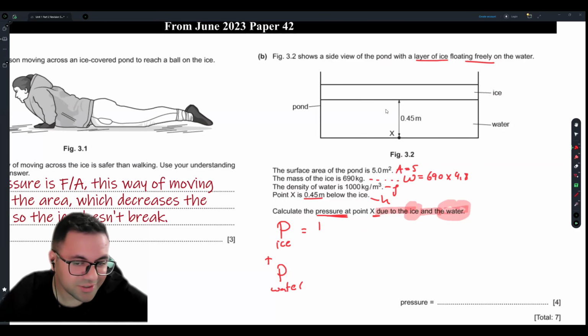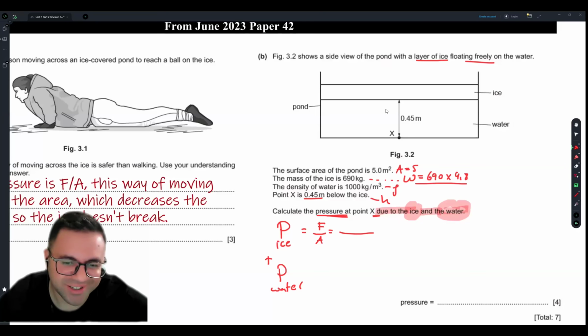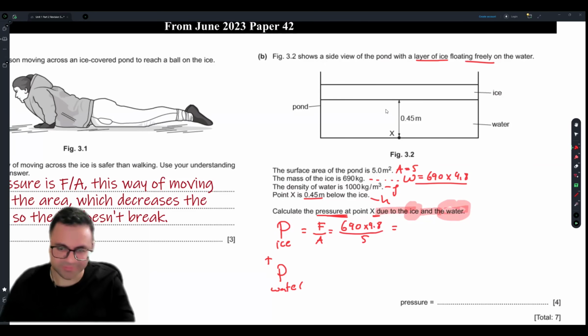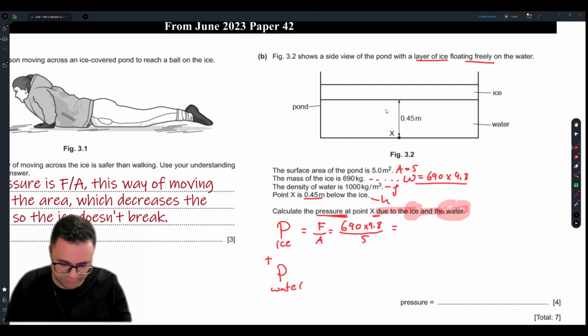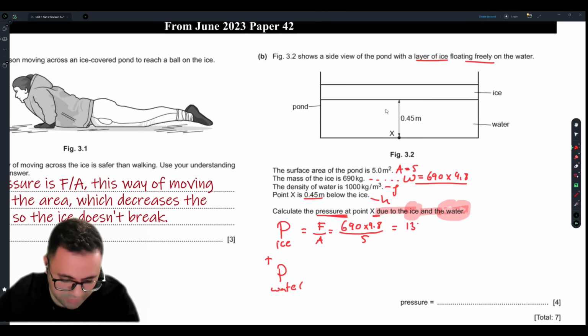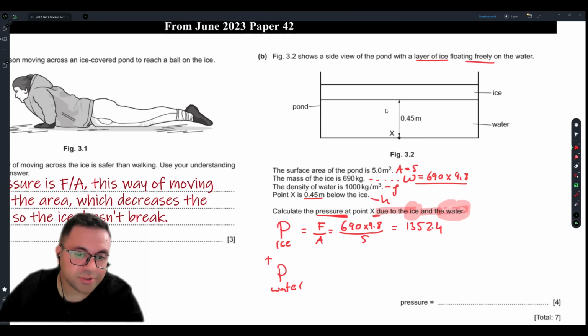Force over area. Do I have the force? Yes, I do. The weight of the ice. 690 times 9.8. Do I have the area? Yes, I do. It's 5. Done. Over 5. Which gives me, change it back from standard form, a value. Good. Then the water. Good job.